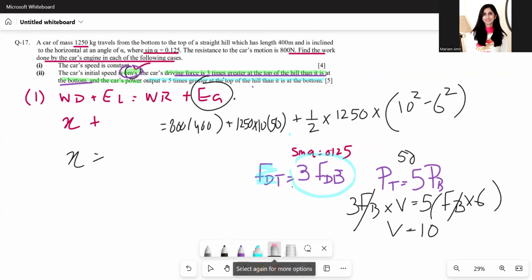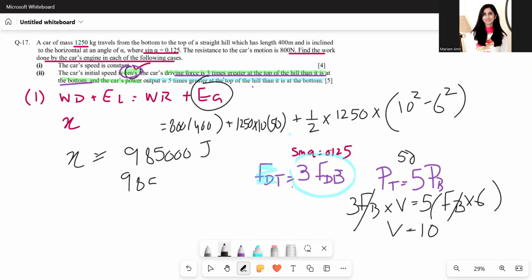Solve this and get the value of X, the work done by the driving force. When you solve this, you should get 985,000 joules or 985 kilojoules.